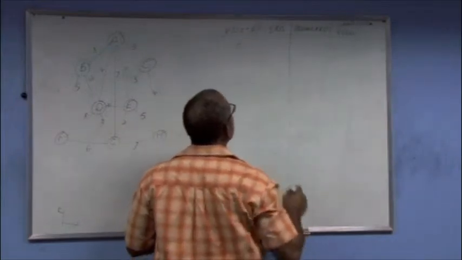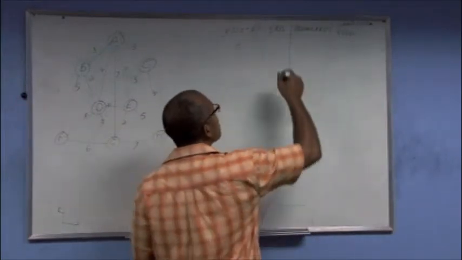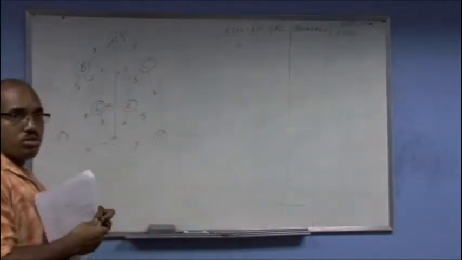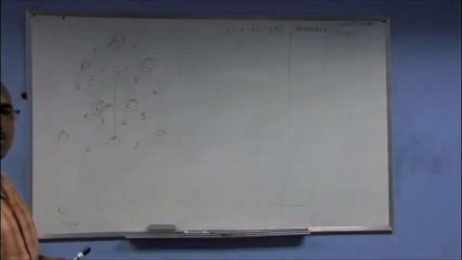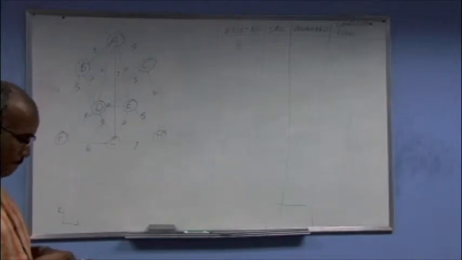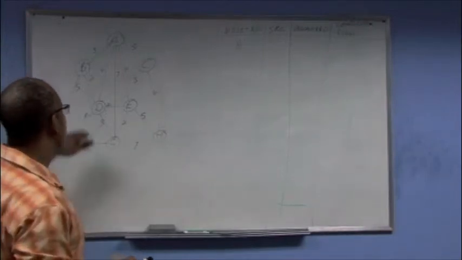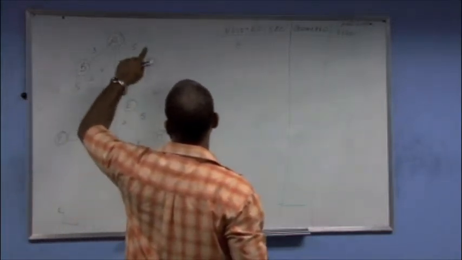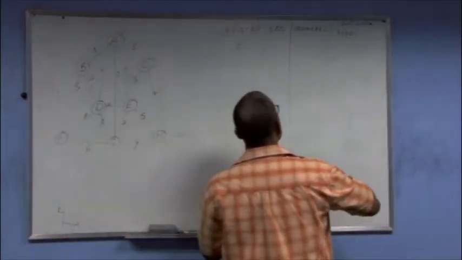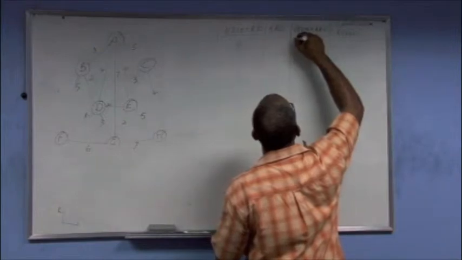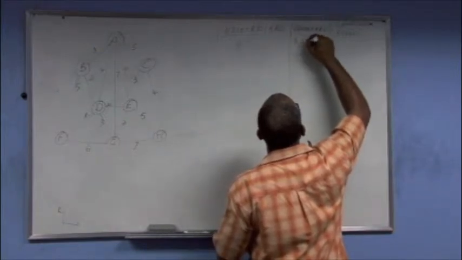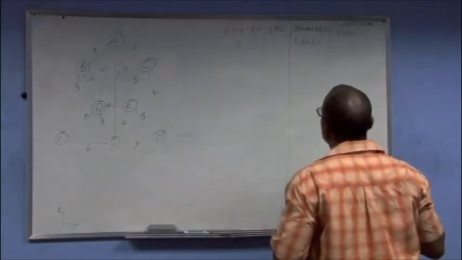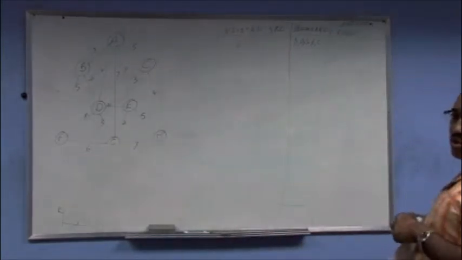We visited A. There's no source here. And from A we can discover some nodes. What nodes can we discover? We can discover B, D, G, E, and C. So our candidate edges would be the edges to all those nodes.